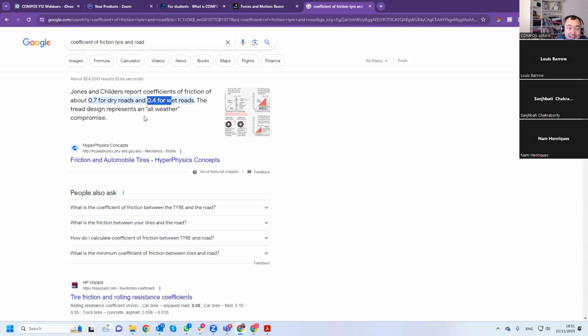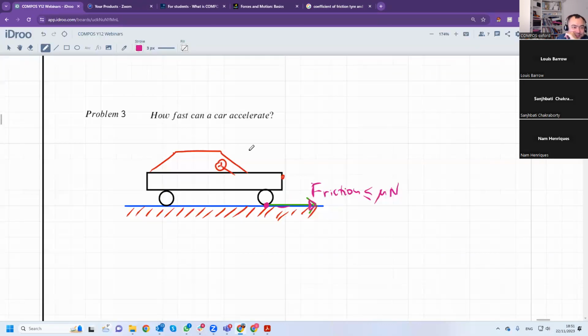I would say it's a low estimate, but let's go with 0.7 for the dry road. So mu is 0.7 for a dry road.